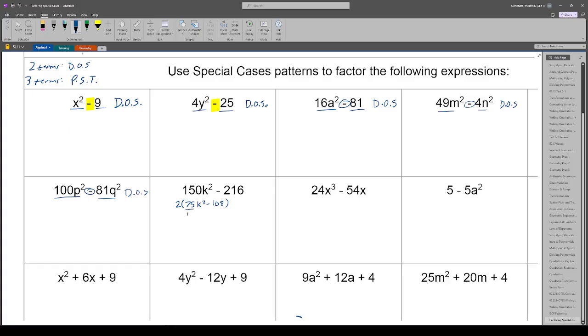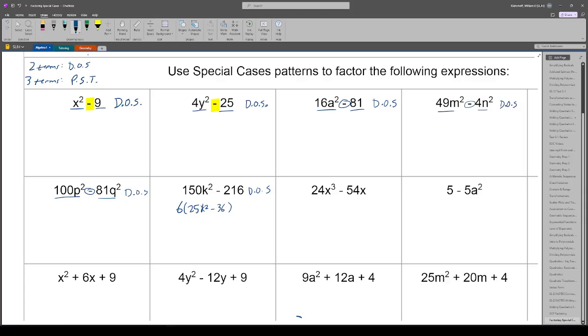So these add up to 12 and these add up to 9. If the sum is divisible by 3, the whole thing is divisible by 3. Anyways, we had 6 times 25k squared minus 36. So that is a difference of squares because 25k squared and 36 are perfect squares.